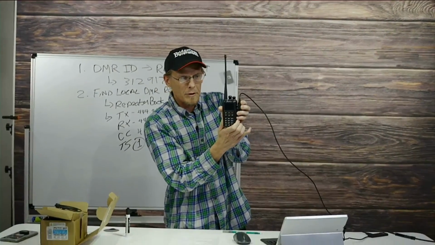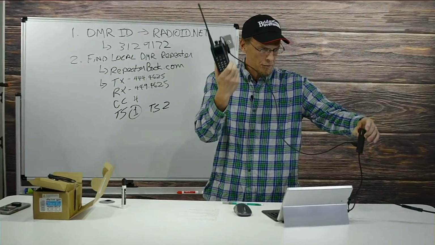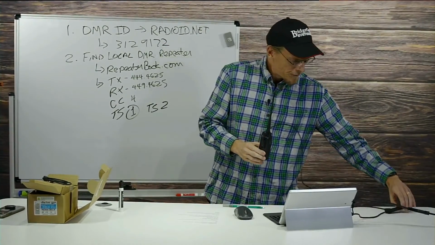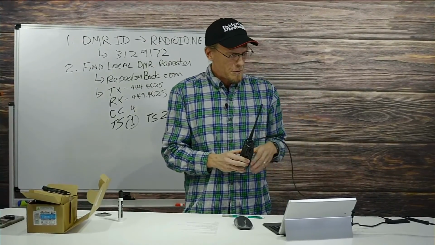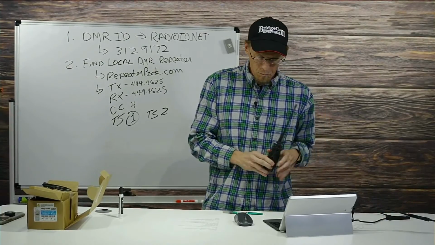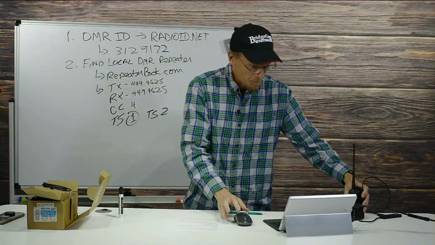So what I'm going to do is take the radio and put in the programming cable that you got with the radio. I've got it set up into the tablet computer. I've got a USB breakout. The tablet computer has one USB port, but I need more than one because I wanted to hook my mouse up to the tablet. So we've got that hooked up.